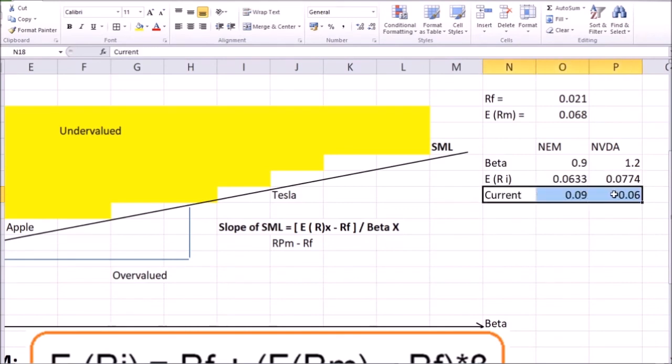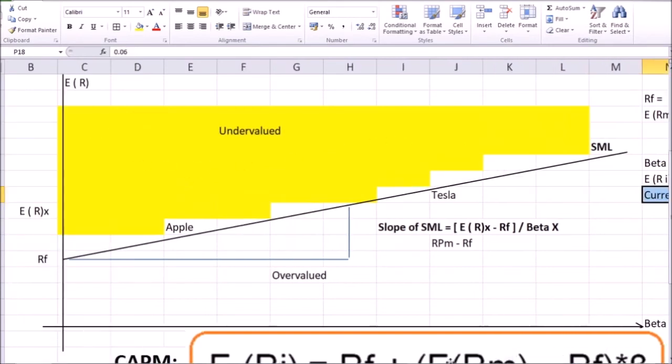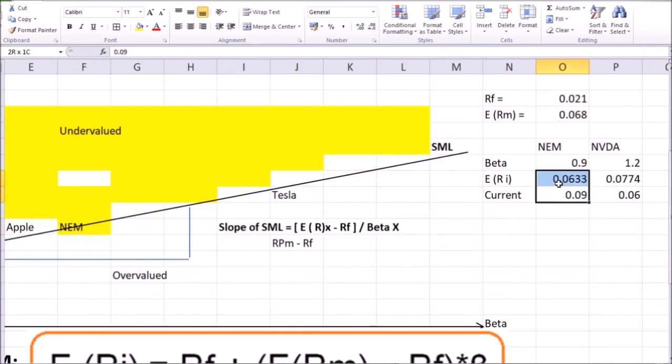And if the current rates of return on these two companies are 9% and 6%, we can place these two on the chart for the securities market line with NEM at a relatively high expected rate of return, meaning that Newmont is undervalued. The price is expected to rise to bring the expected rate of return back down to the market equilibrium from 9% down to 6.3%.